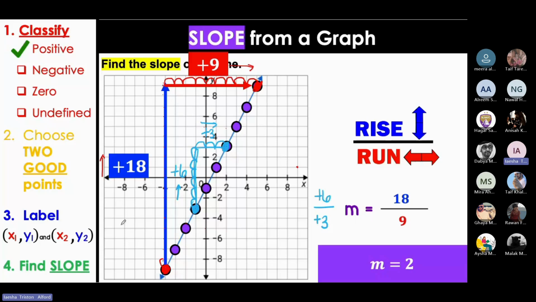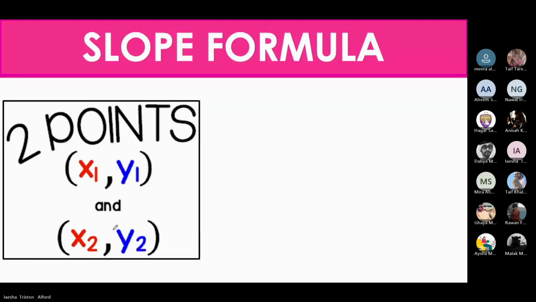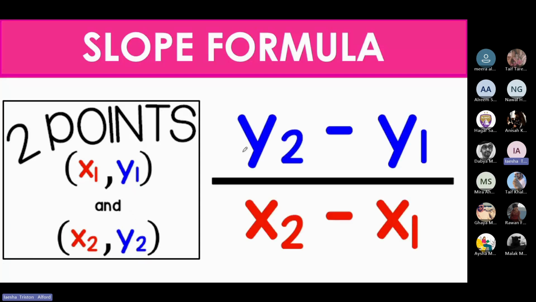So one way is to use rise over run. Like you said, another way is to use the 2 points. You can do y2 minus y1 over x2 minus x1. This one is always going to work for every single option they give you, a table, a graph. Okay, you can always use the slope formula.